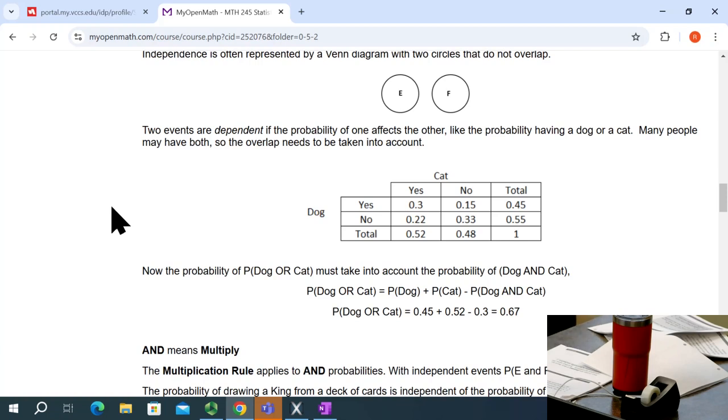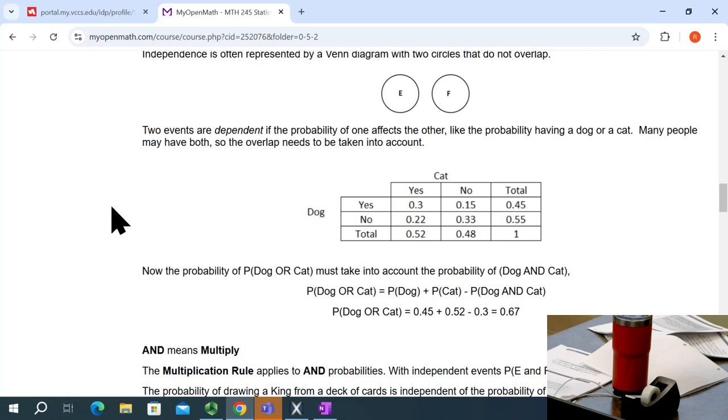The probability that it's going to rain or I get a head, I can add those. But this, and the contingency table covers all these silly formulas. The probability of a dog or a cat is that plus that minus that, because that's the overlap.